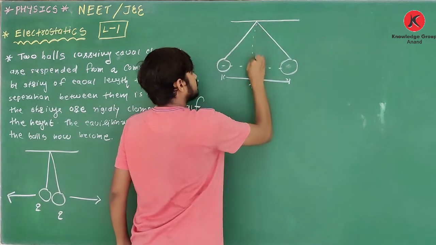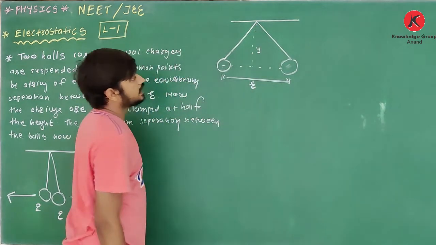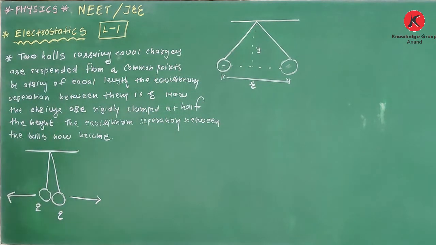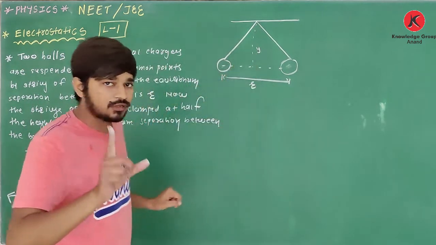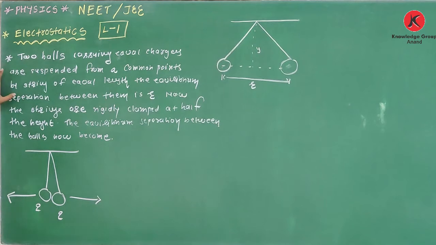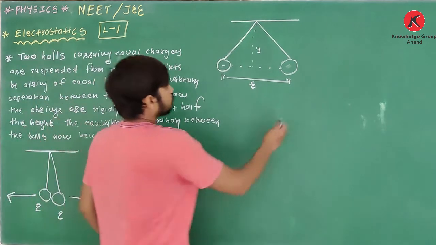And yes, this height is y. I am assuming you are given only this distance r, and this is y. Two balls carrying equal charges are suspended from a common point by strings of equal length; in equilibrium the separation between them is r. Now the strings are rigidly clamped at half the height. The equilibrium separation between the balls becomes what?